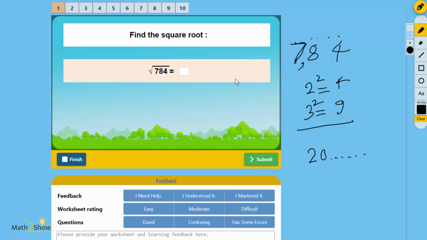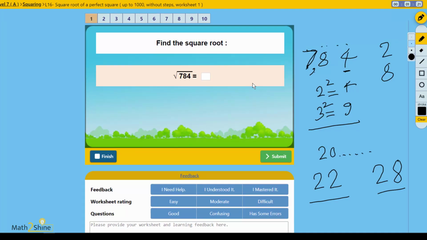We don't know which, and we will be working it out and then concluding what the number will be. The last digit of 4 indicates that the square root has to end either with 2 or 8. You can refer to the table we discussed in the beginning of this video. It means the square root of 784 can be either 22 or 28, one of these numbers.